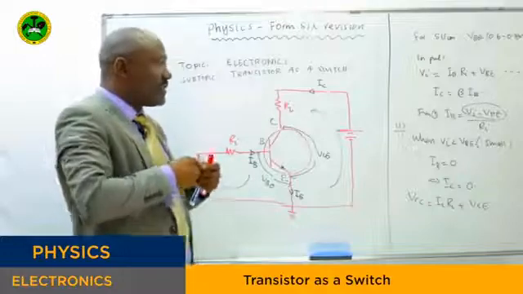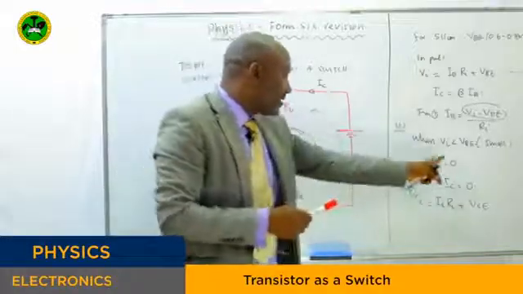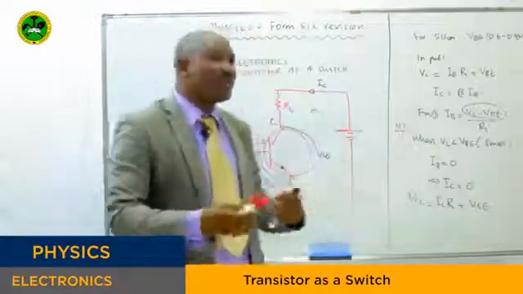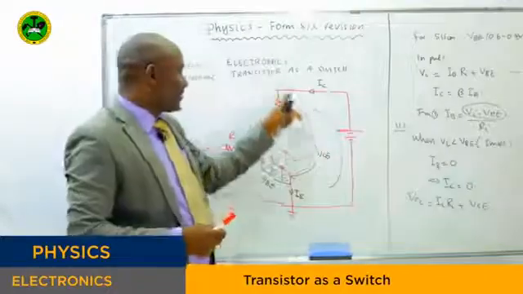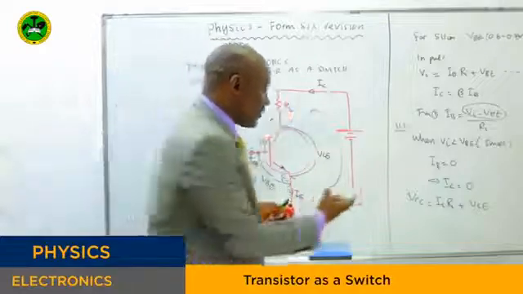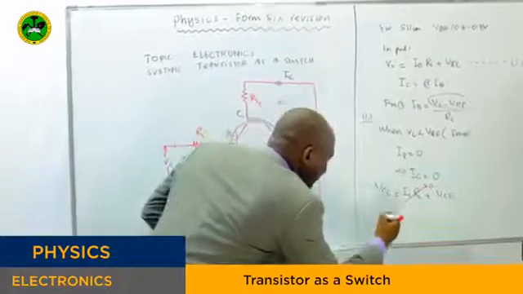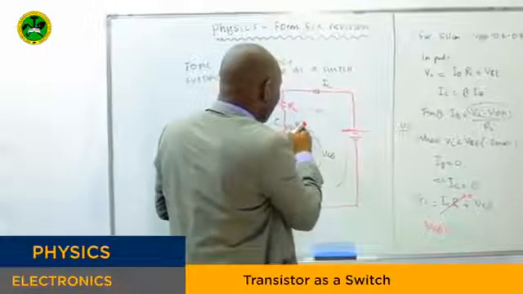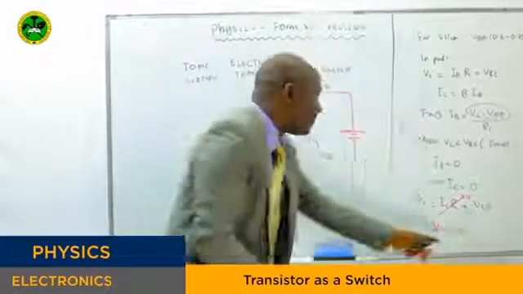Let's see now the implication of that. When the input is very low, so that it cannot produce any base current, automatically the collector current will be 0. The current across RL will be 0, and if this is 0, the whole of IC RL will be 0. As a result, the VCE, which we take as the output here, equals the maximum, the supply voltage.